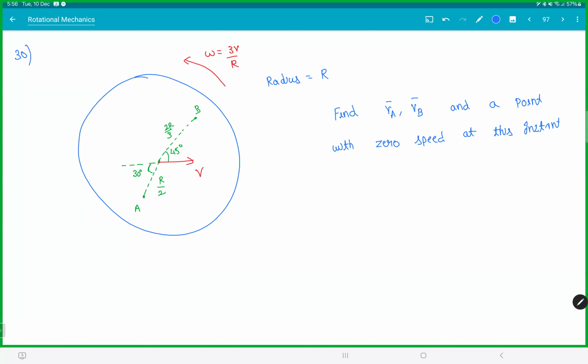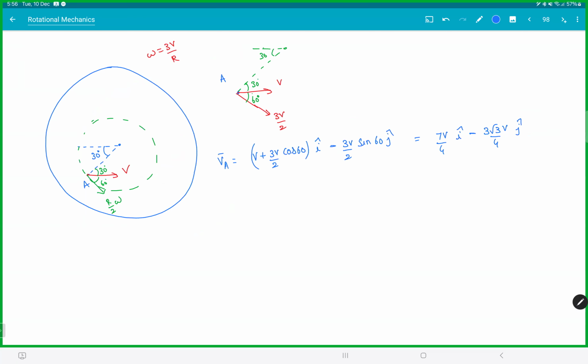Yeah. So if you go for the B point, B is somewhere here. This will have velocity V that is going in another circle. This will be 2r omega by 3. So for point B, velocity is this way.